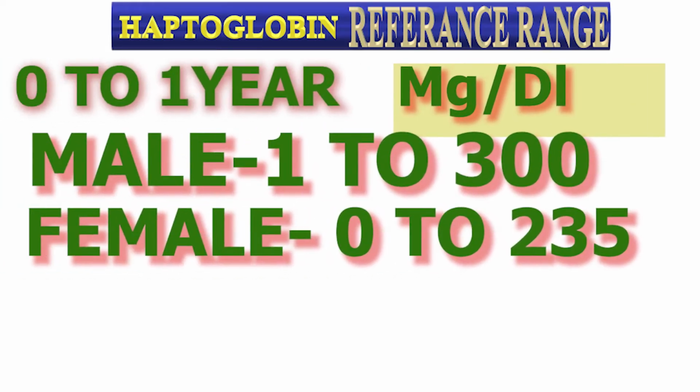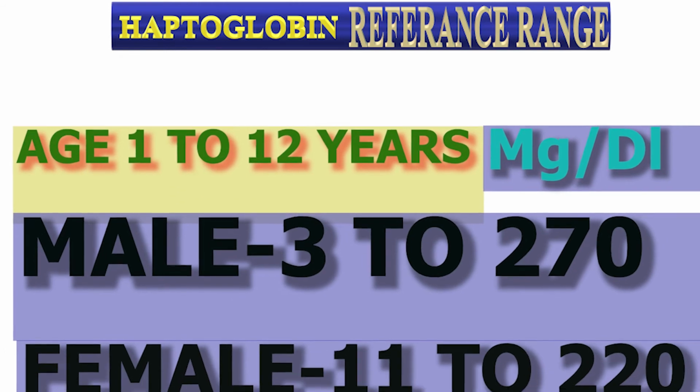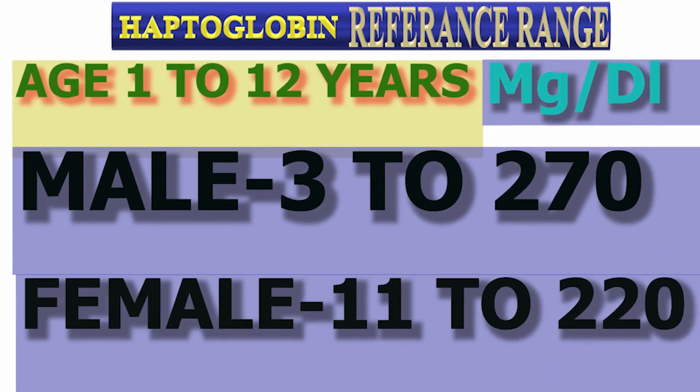Reference ranges for serum or plasma. Below 1 year old, for male it's 0 to 300 milligrams per deciliter. For female, 0 to 235 milligrams per dl. For age 1 to 12 years, for male 3 to 270 milligrams per dl. For female, it's 11 to 220 milligrams per dl.